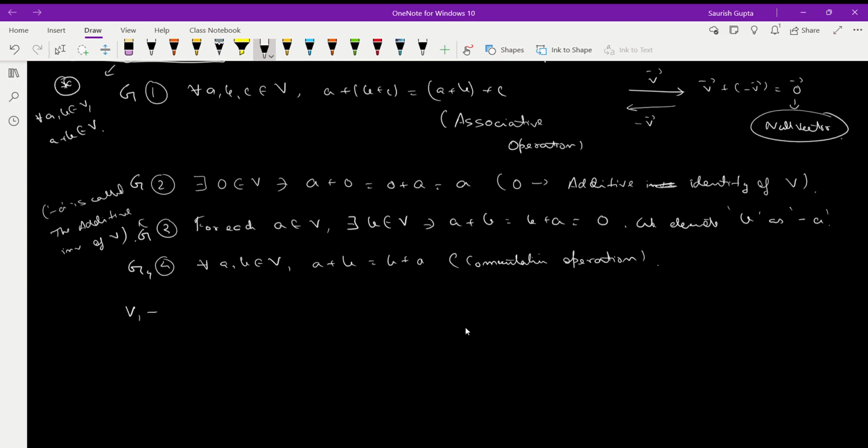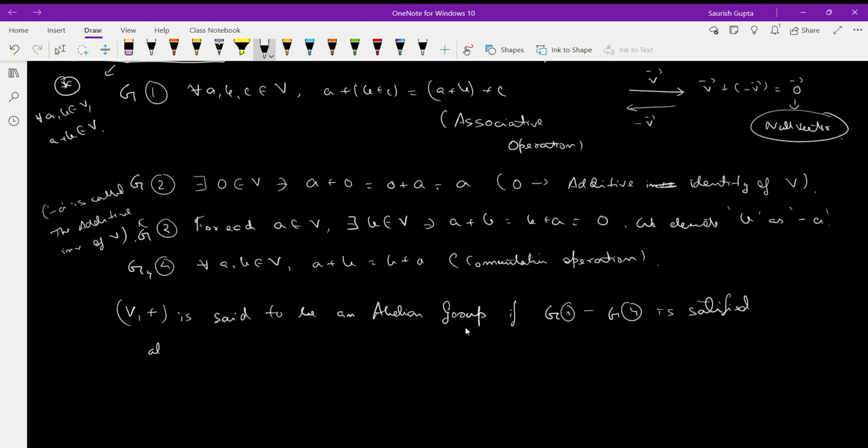Then this non-empty set V with respect to this binary operation plus is said to be an abelian group if G1 to G4 are satisfied, provided plus is a binary operation. That is, the closure property holds. Got it?